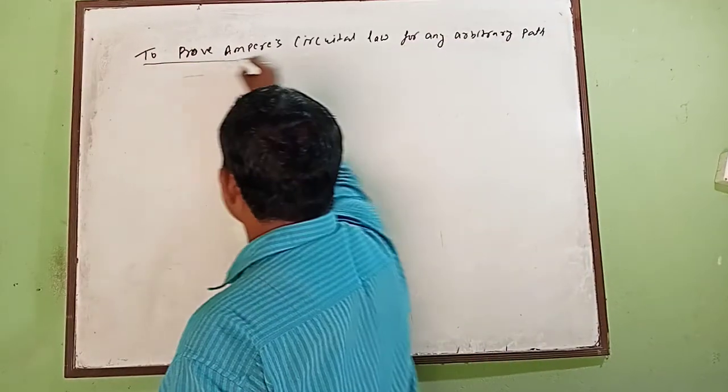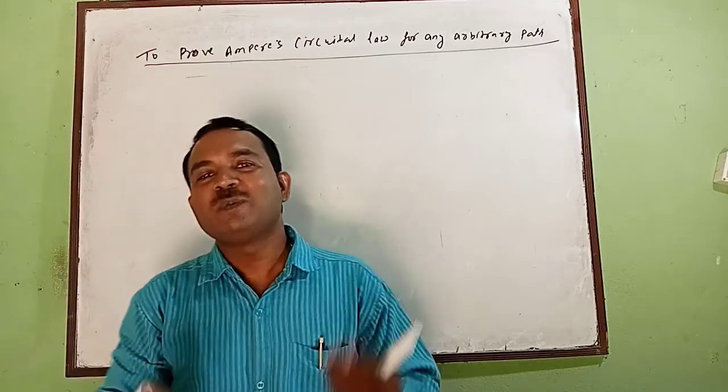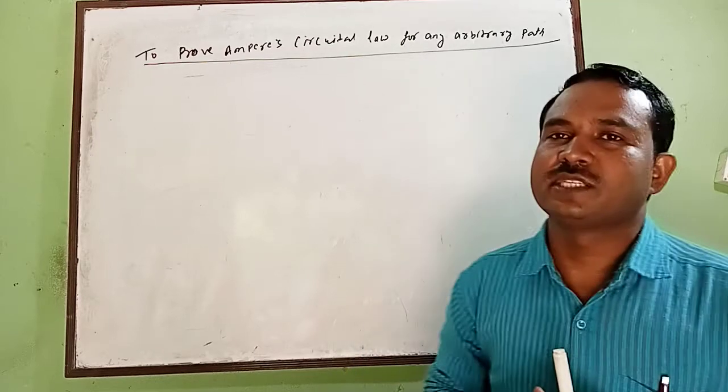This is the second question, and first we have done it for the circular path. Arbitrary means what? The segments you will discuss here.